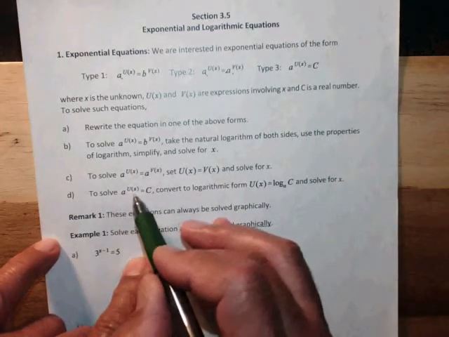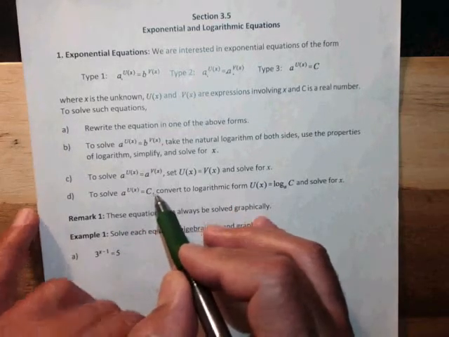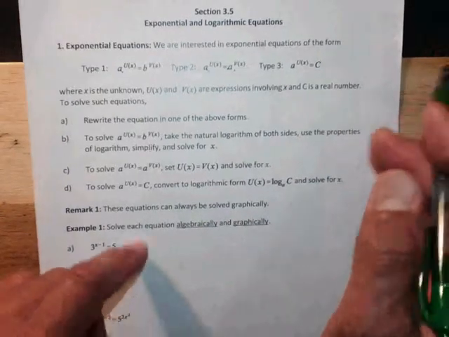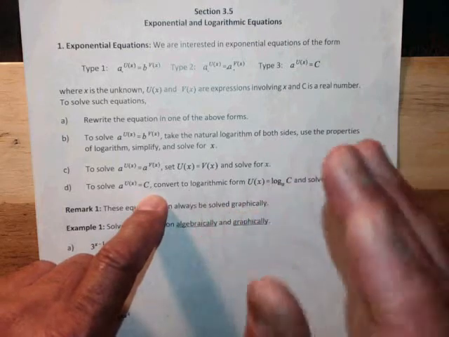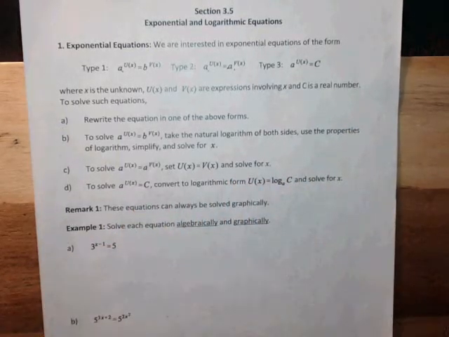Or if you have one exponential on the left side and nothing on the right side except a number, then you convert this to logarithmic form using the very basic definition of logarithm, which I should write for you.